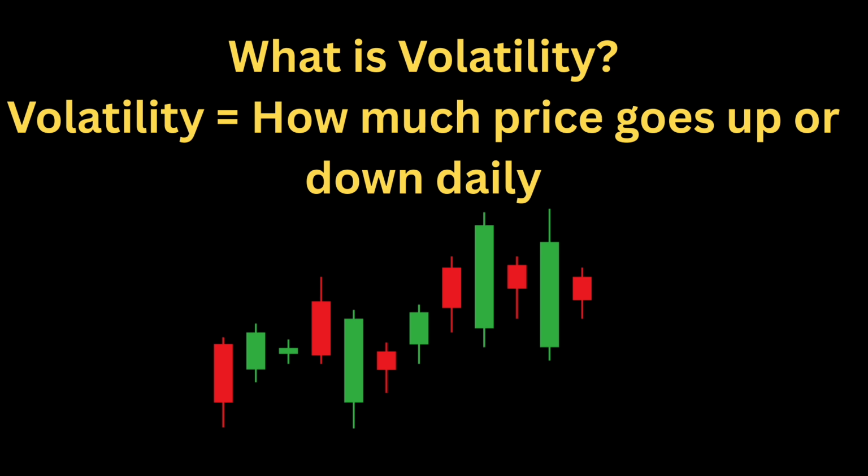So what exactly is volatility? Volatility just means how much a stock moves in a day. High volatility means the stock can be unpredictable, and for intraday we always want predictable and stable movement, that's why we choose low volatility stocks.